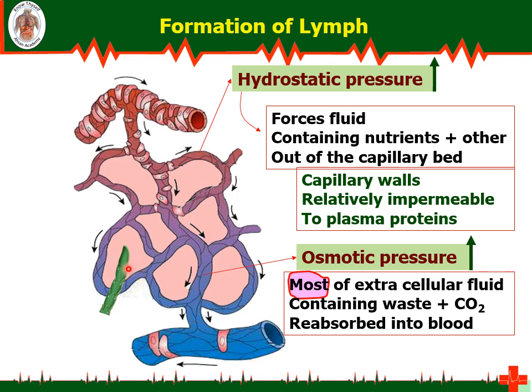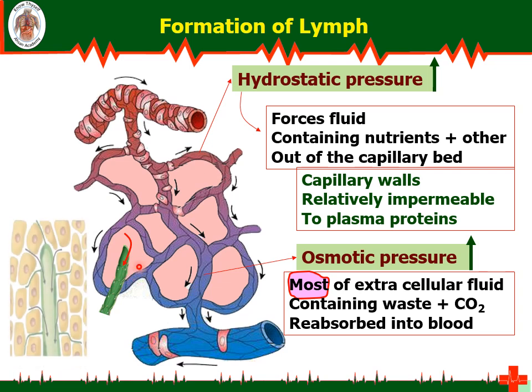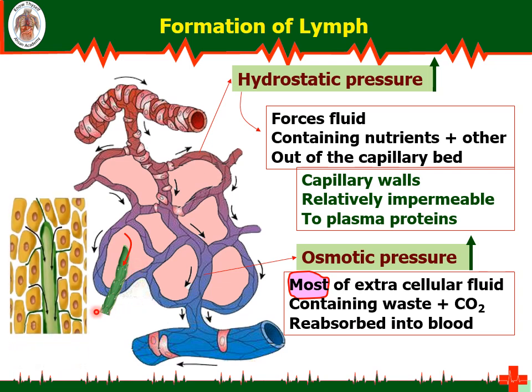Another vessel starts from there, similar to the capillary, which is blind ended and starts in the interstitial space. The extra fluid can enter into this, and the pressure within the interstitial space remains the same. This extra fluid entering into the vessels is the lymph. Here you can see this is the interstitial space.